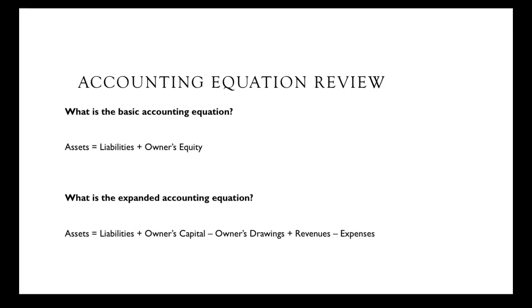All 4 of those last pieces in our expanded accounting equation are part of owner's equity. So owner's equity, think of it as like an umbrella, right? And we have capital, drawings, revenues, and expenses all under the owner's equity umbrella.